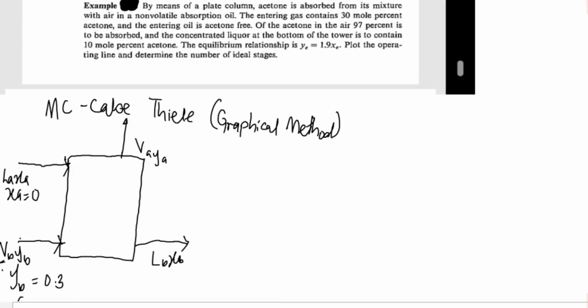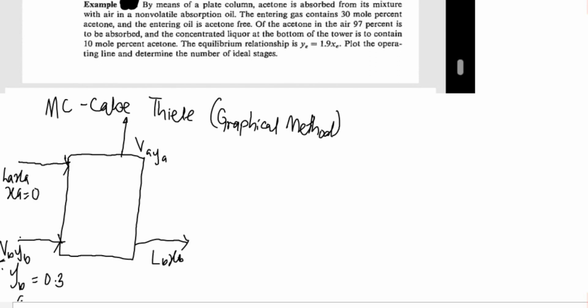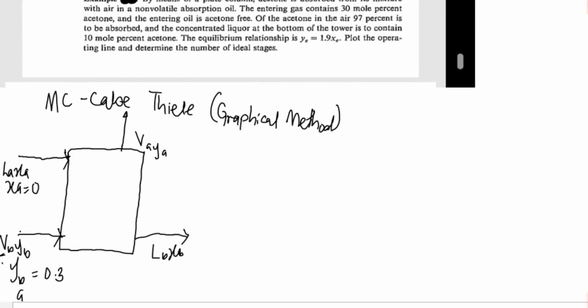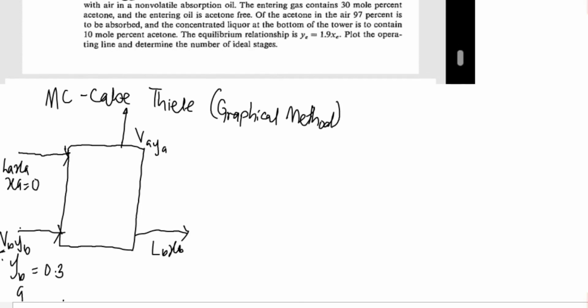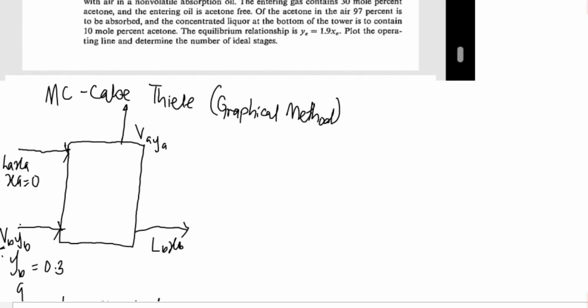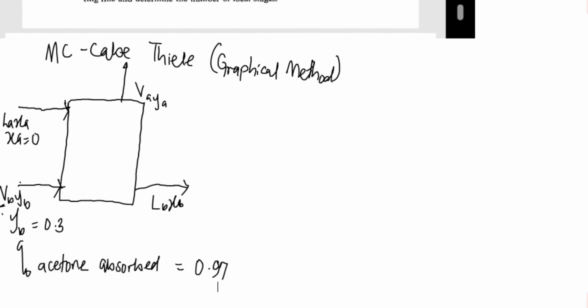And the concentrated liquor at the bottom of the tower, that's the bottom stream of the liquid phase, that's LBXB, we are told is to contain 10 mol% of acetone. So we are given the mole fraction of acetone in the liquid outlet of the bottom stream.